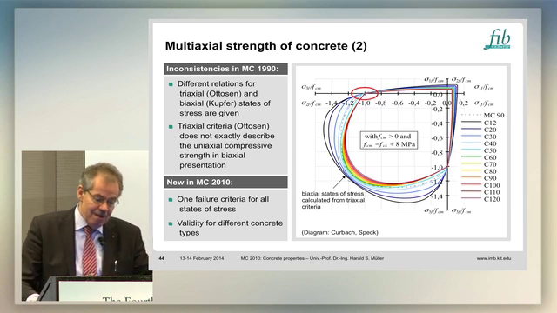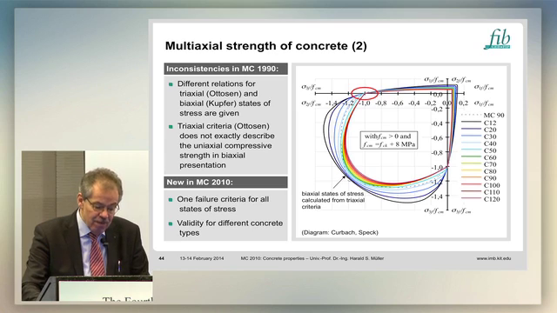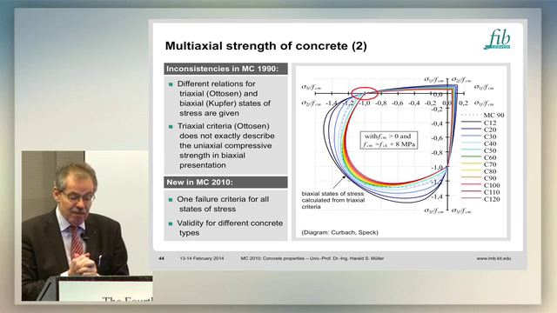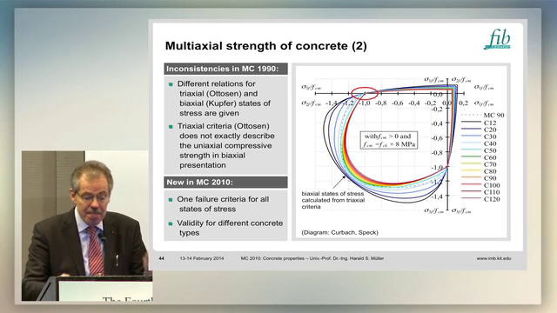Now we skipped the Kupfer approach, and we have only the Ottosen approach in it. And so we have one failure criterion for different states of stress, valid for all types of concretes. And I show you here the predictions indicated for biaxial states of stress calculated from these models.